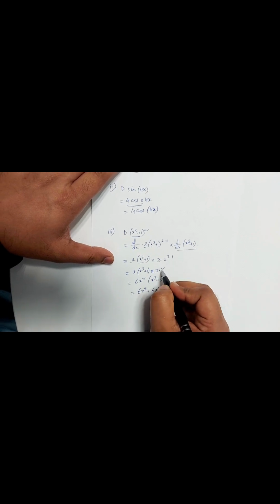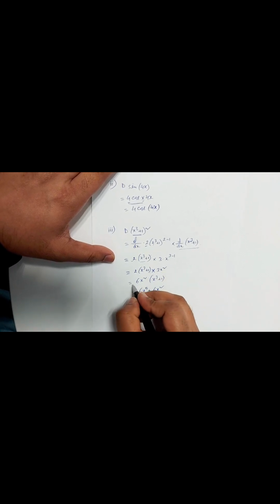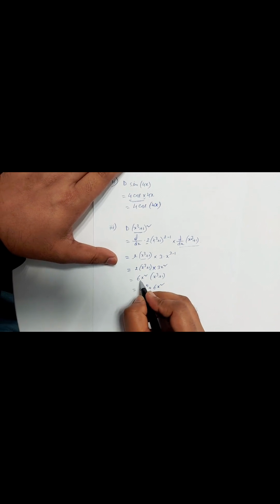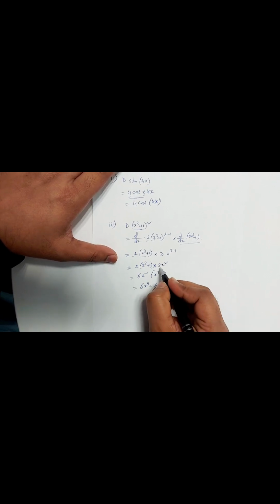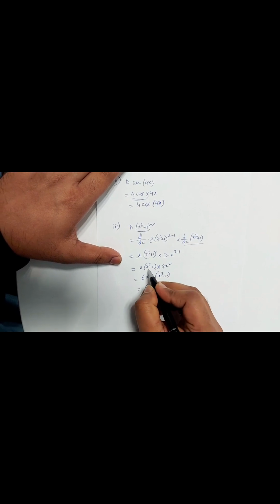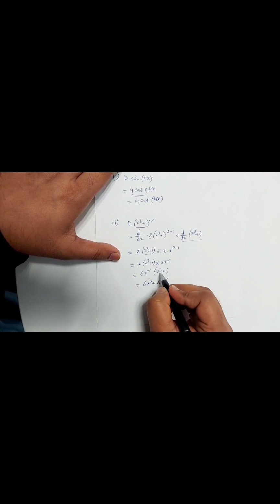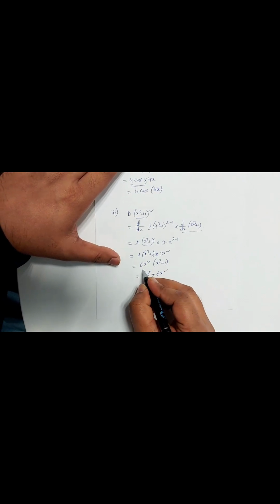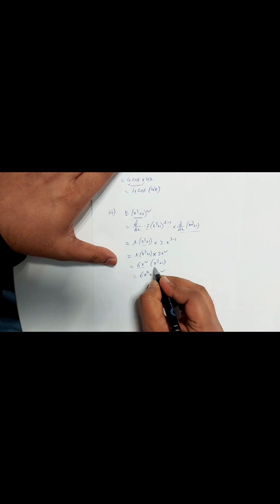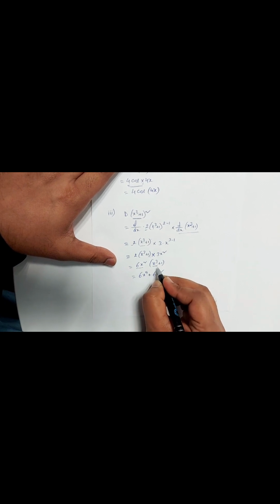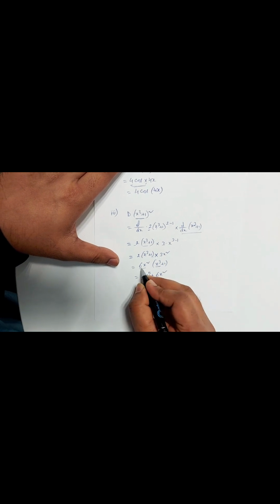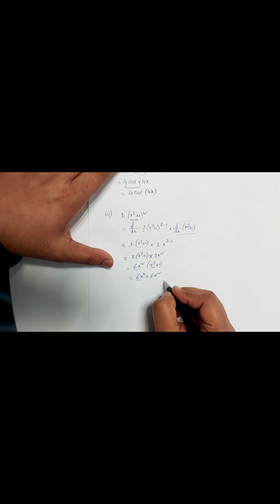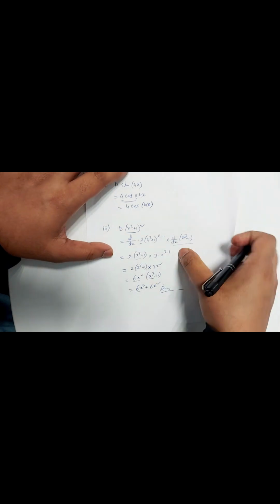Finally we get 6 x square into x cube plus 1, and our answer is 6 x to the power 5 plus 6 x square. This is the answer.